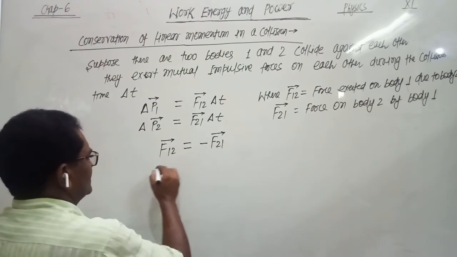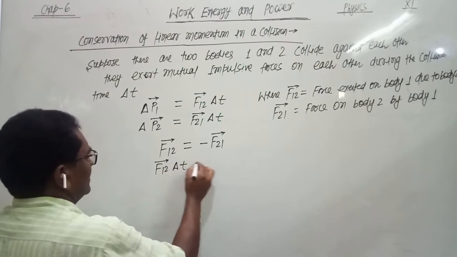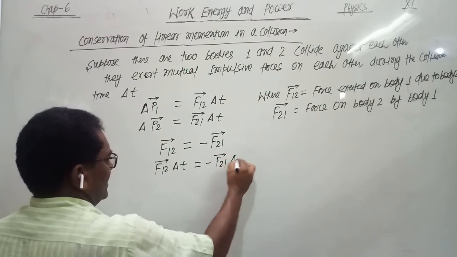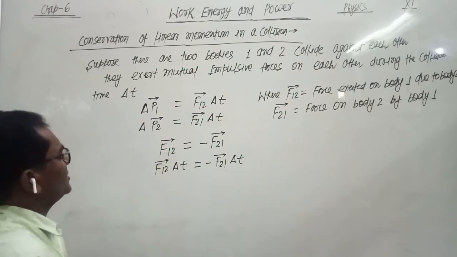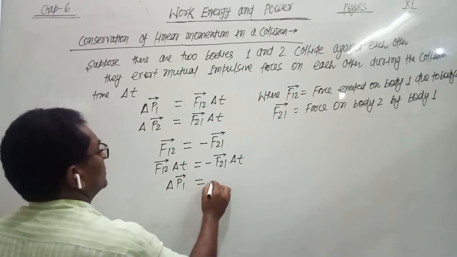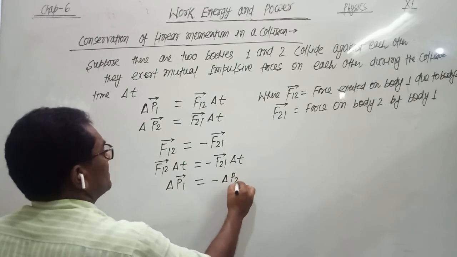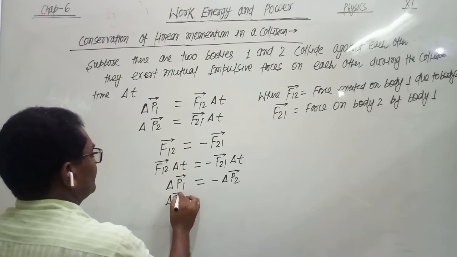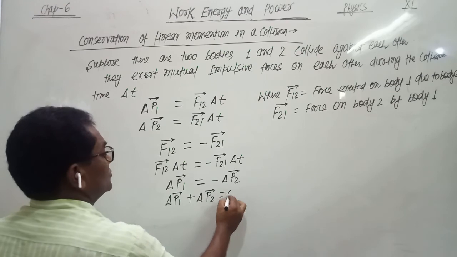So multiplying both sides by delta t, F12 into delta t equals minus F21 into delta t. F12 delta t is written as delta p1, and F21 into delta t is written as minus delta p2, so delta p1 plus delta p2 equals 0.